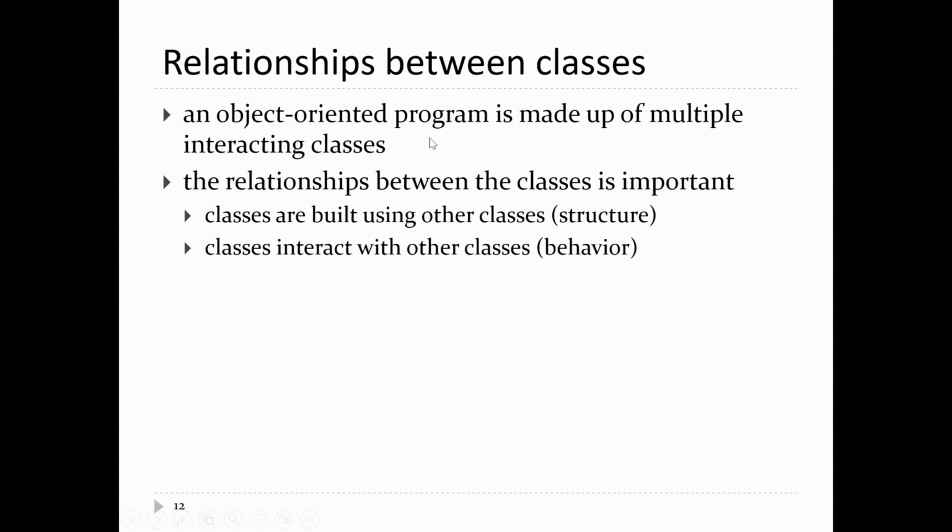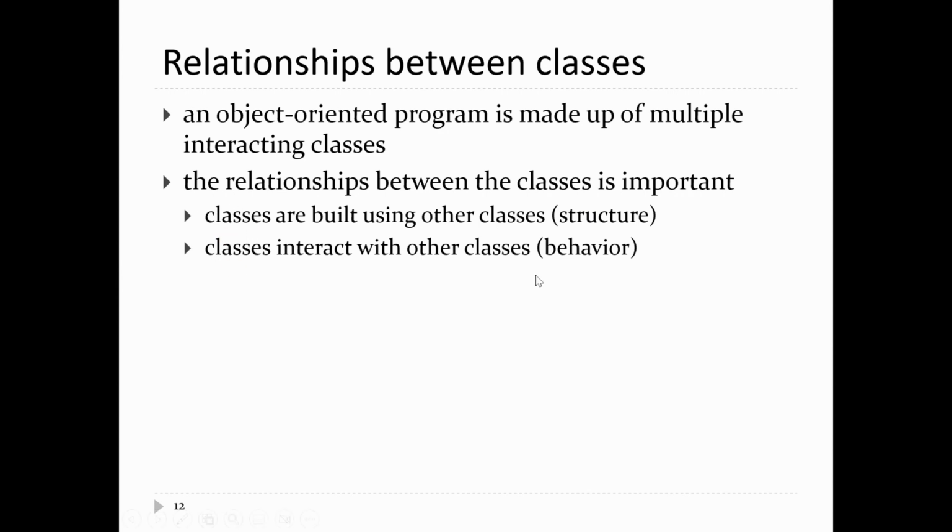So in an object-oriented program, typically you have multiple interacting classes. In a normal program, there's never just one class, there's many classes. And so the relationship between your classes becomes important. If you have a class that happens to be built using other classes, then the structure of your class depends on other classes.